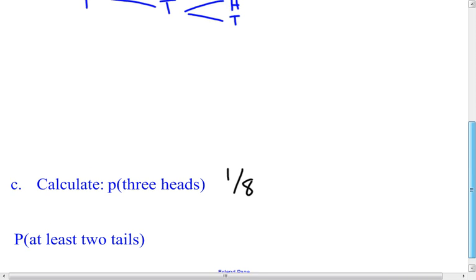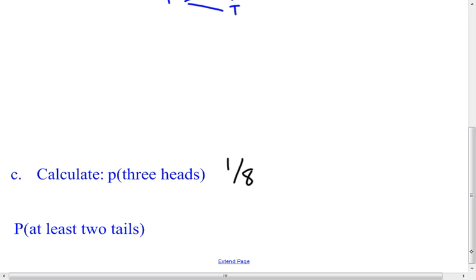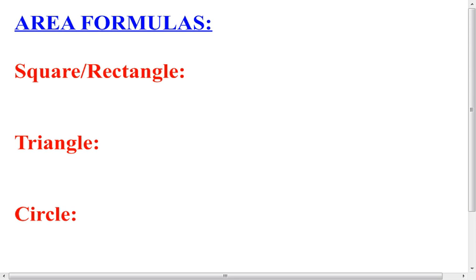And then at least 2 tails. That means it could be 2 tails or it could be 3 tails. But at least 2 tails would be this one, this one, this one, and this one, all 3 tails. So half of them have at least 2 tails in them. 4 out of 8, or of course 1/2. Okay, so those are some tree diagram things.